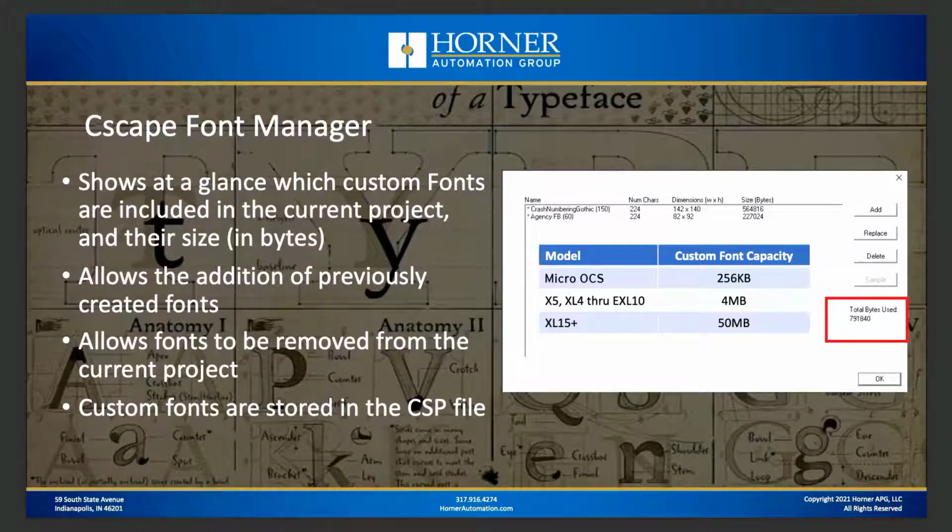And in the case of the XL15 Plus, it can support up to 50 megabytes. So again, micro OCS can support up to 256K. Most of the rest of the product line can support up to 4 meg, but the XL15 Plus can support 50 meg.